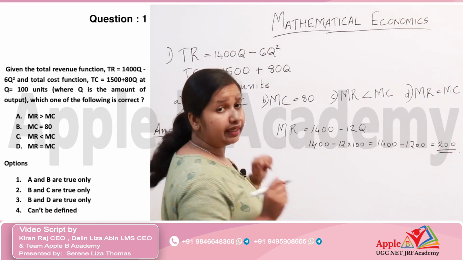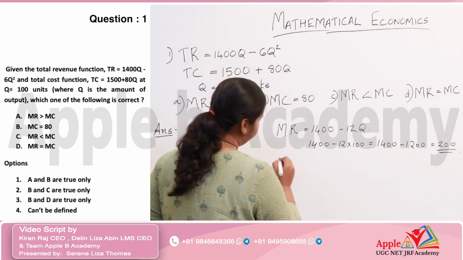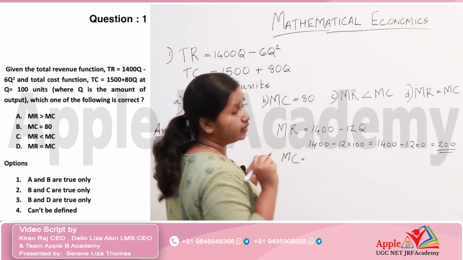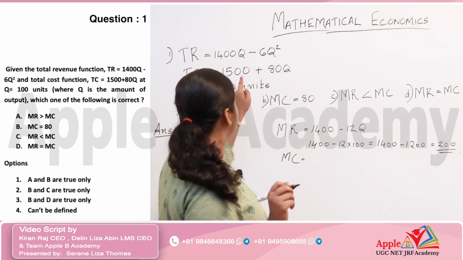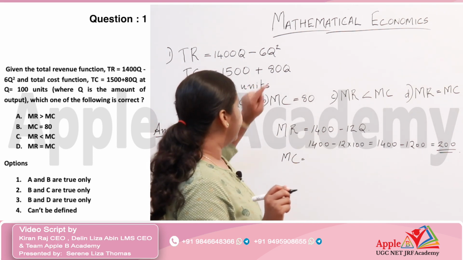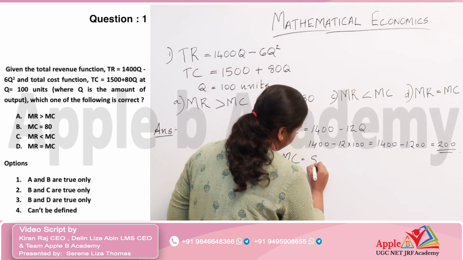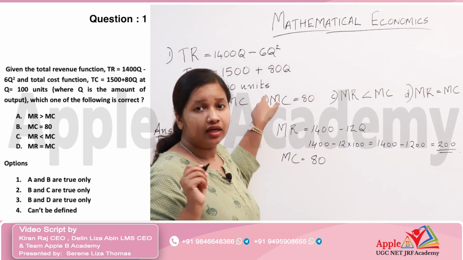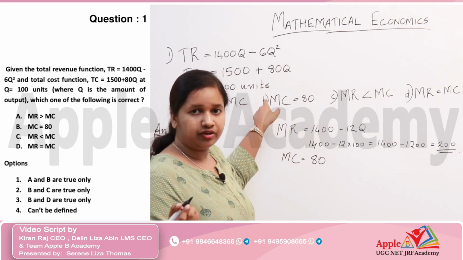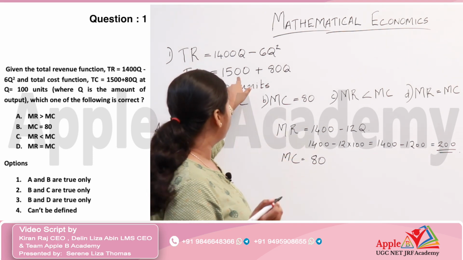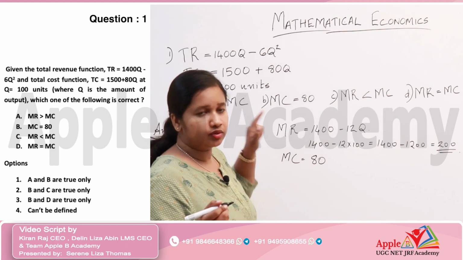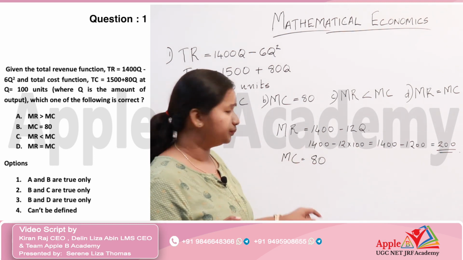Now let's find the value of marginal cost. We are differentiating the total cost. We know that differentiation of a constant is equal to 0, so 1500 is cancelled out, and the rest is 80q, so we get the answer 80.